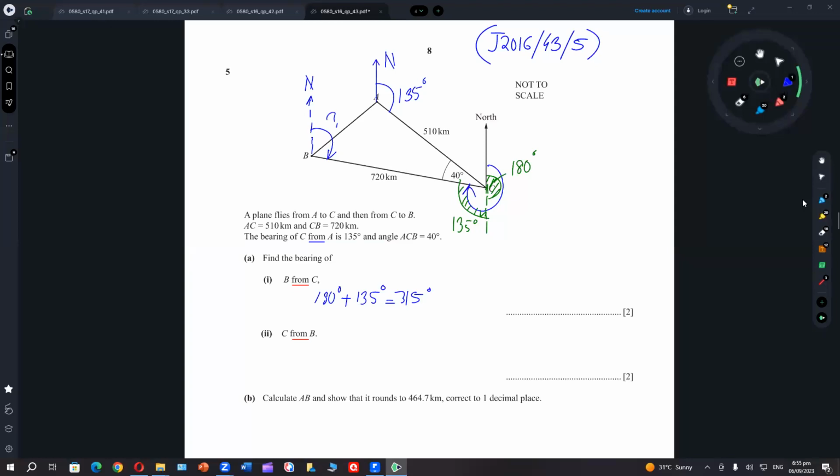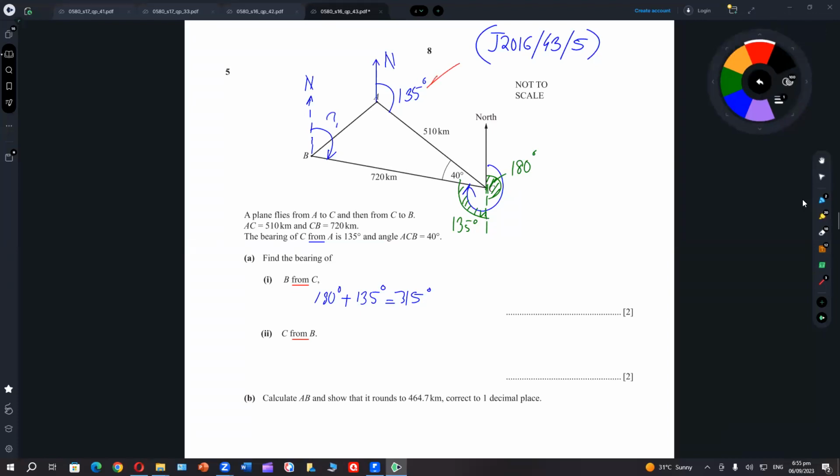If you look at the diagram very carefully, there are two 135s here, so I make a red arrow.